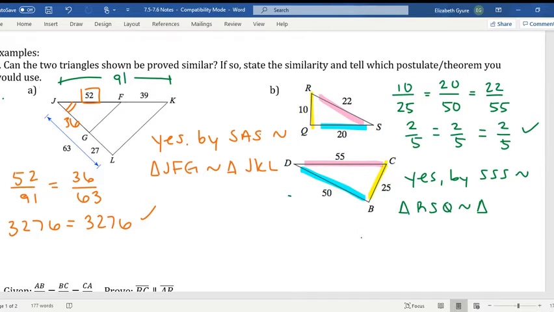Any ideas? What was that, Peyton? I'm sorry. CDB. I think so, yeah. RSQ, yeah, CDB, exactly. Good.